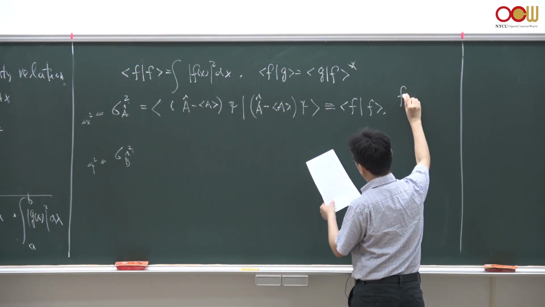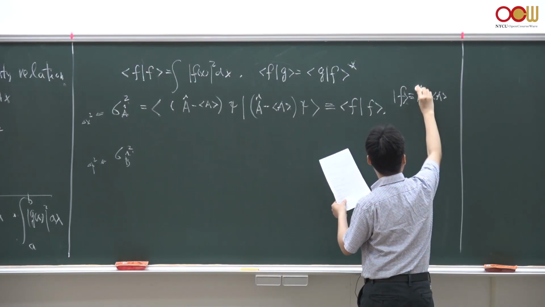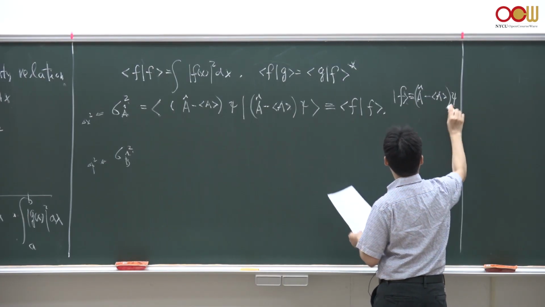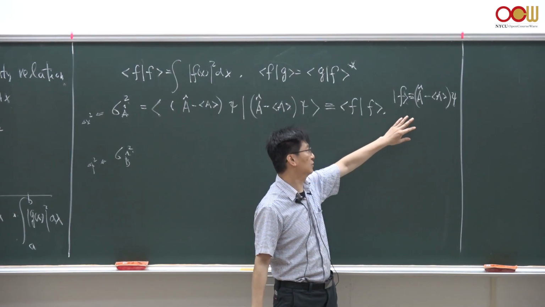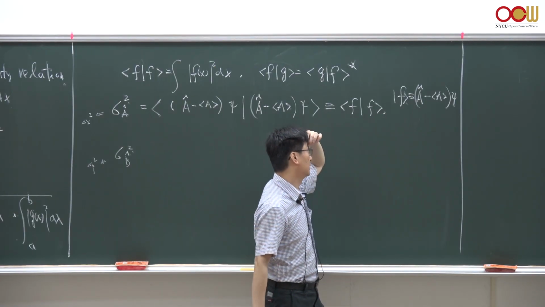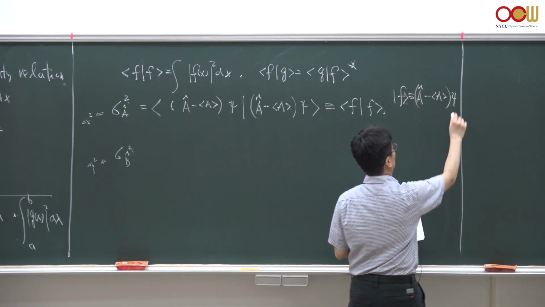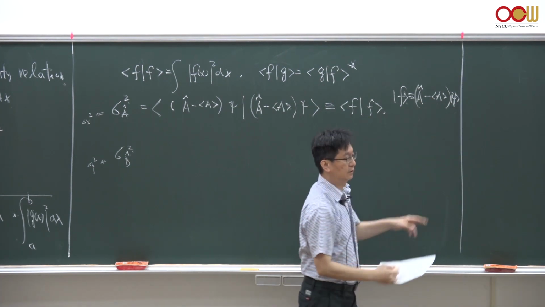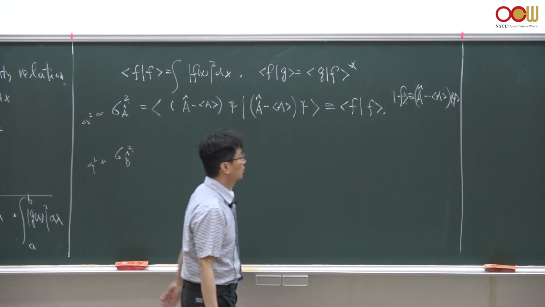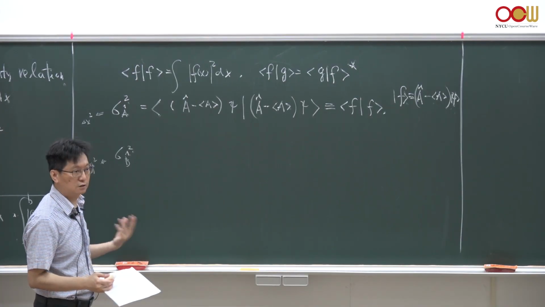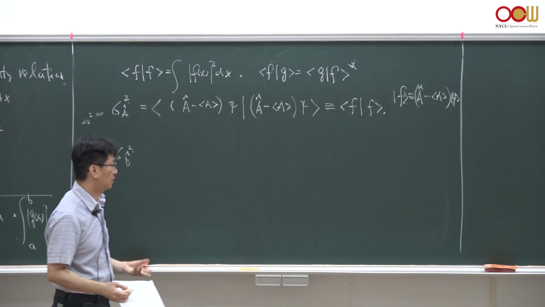If I define my f as this kind of operation, so f is some quantum state, which is the difference between operator A acting on psi minus the expectation value of A times psi. In some sense this is a deviation from your mean value or expected value.